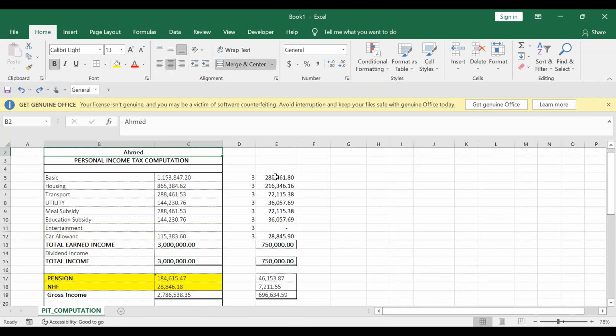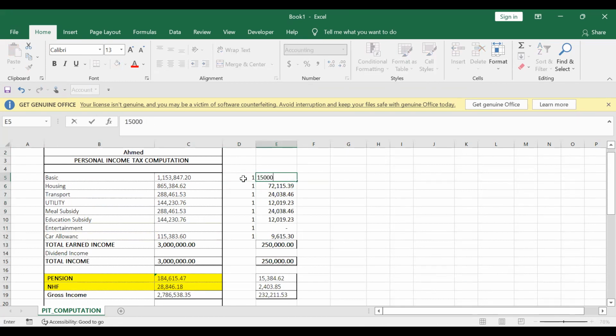I don't know if the way I have been computing it is okay. After following all the due processes, whatever is left, maybe like 200,000, I will use the 7% to compute the tax on that. I don't know if I'm right or not.